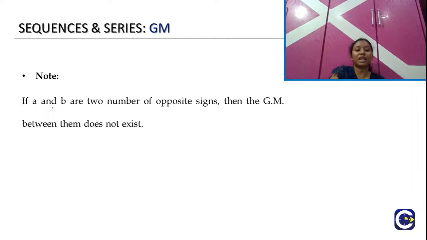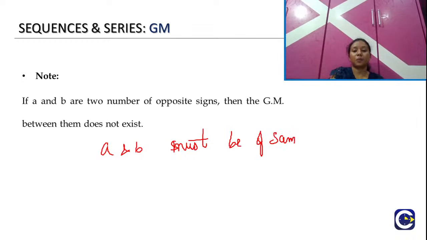So A and B must be of the same sign. They cannot be two numbers of opposite signs. This is a very important note point when we are dealing with the geometric mean between any given numbers.